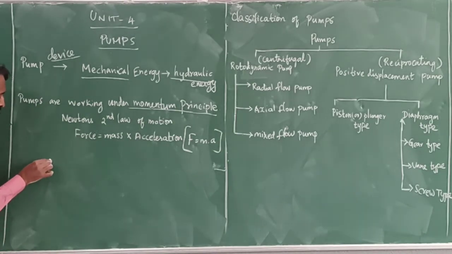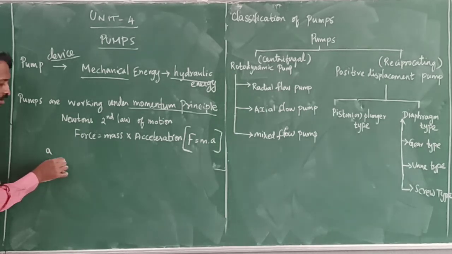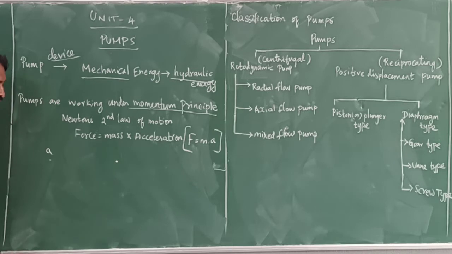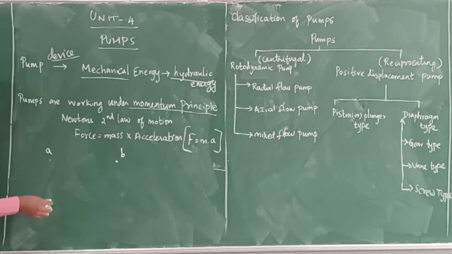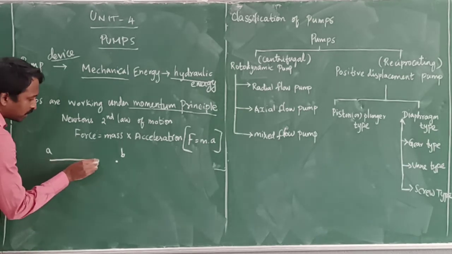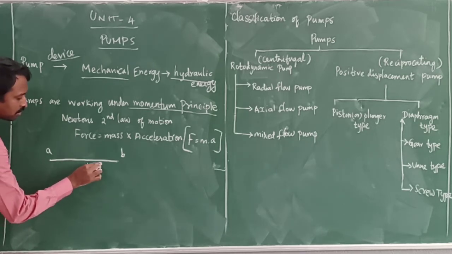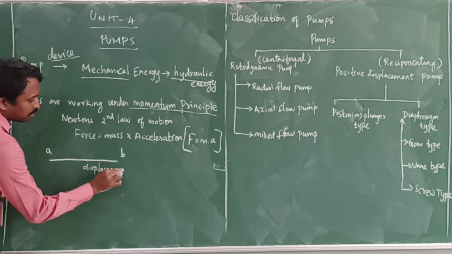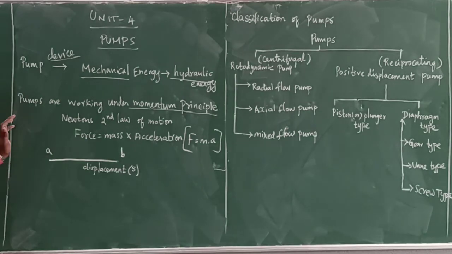An object starts at point A, moves some distance and reaches the final position B. The distance from A to B is called displacement. It is simply denoted by S. An object moving from one place to another place is called displacement.